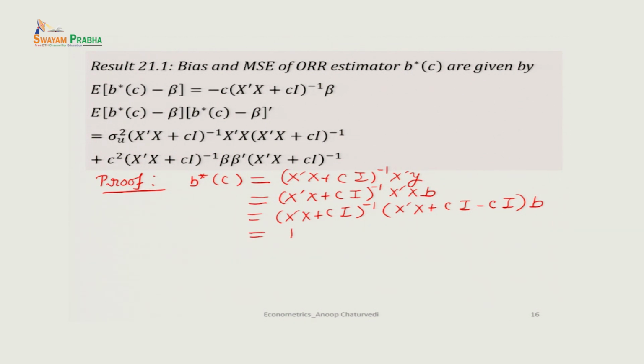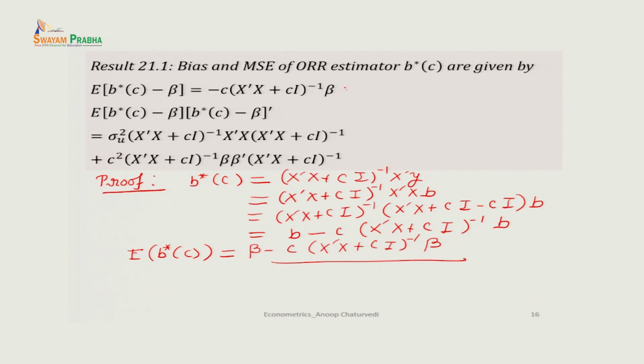So, you obtain b minus C times x transpose x plus C I inverse b. Now, we take expectation. So, expectation of B star C is equal to, you get beta here minus C x transpose x plus C I inverse beta, or you obtain expectation of B star C minus beta equal to this quantity. So, we get this result.